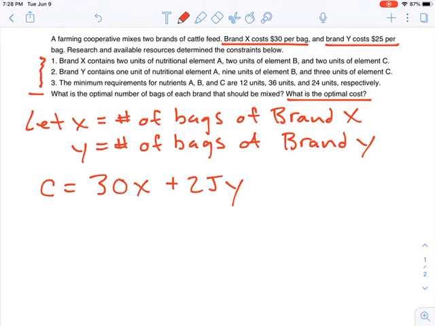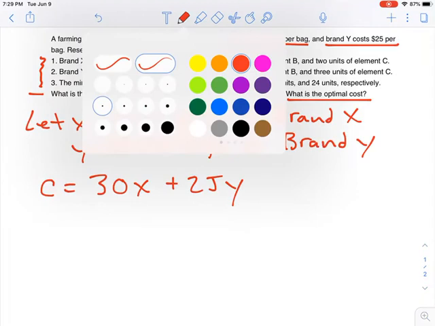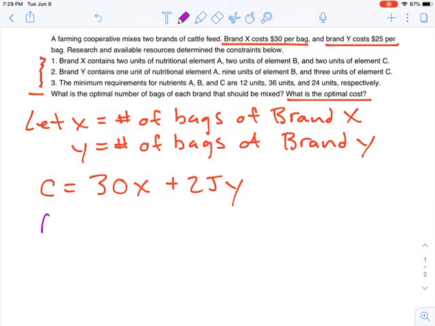Brand X contains 2 units of nutritional element A, 2 units of element B, and 2 units of element C. So the makeup of these bags of brand X and Y are constrained by the elements A, B, and C. So I am going to say, okay, so we have A, B, and C. Those are the nutritional elements.